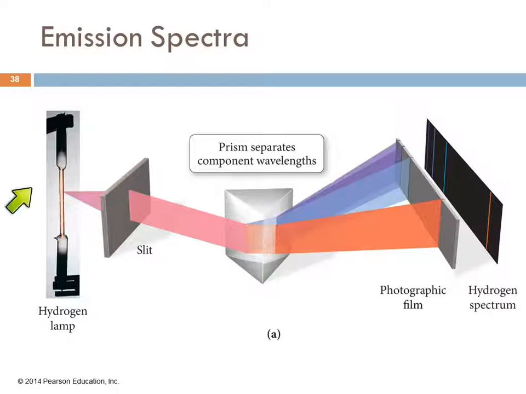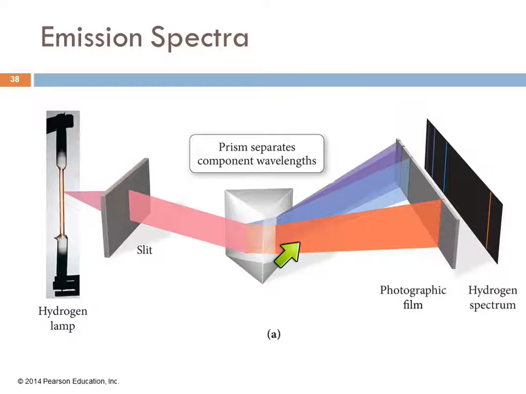So what we can do is we can take the light from, say, a hydrogen lamp, pass it through a slit to focus it, and then pass it through a prism. If we're doing this with sunlight, what we're going to see over here is a continuous rainbow. But from a hydrogen lamp, we see a few discrete lines. They are separated by their wavelengths, just like continuous white light would be.